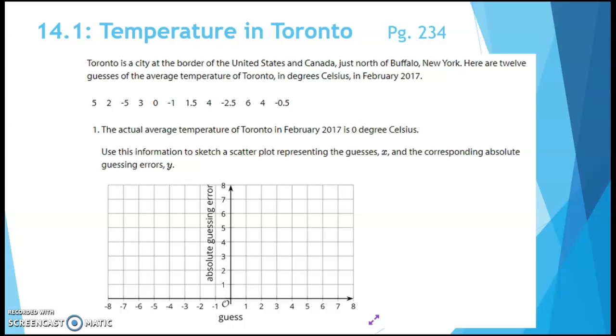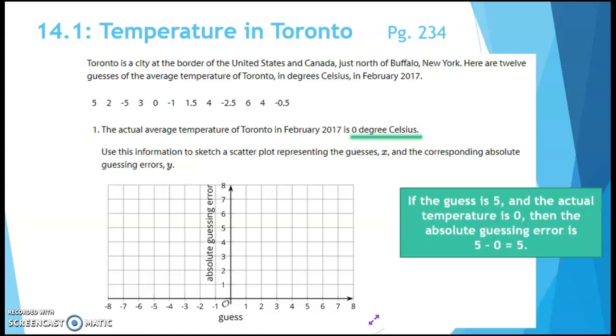So this is exactly what we did yesterday in class with the guessing game of the jars. So I'll show you an example and then I'll have you pause to complete the first activity and then move on. 0 degrees Celsius is our guess, or that's the actual value.